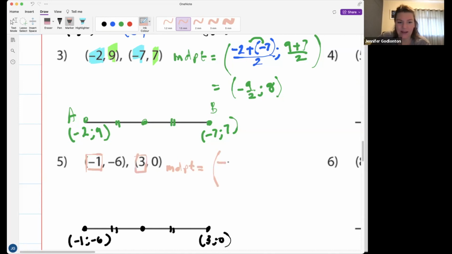So we're going to say -1 plus 3 over 2. And then we are going to look at our y values. So we're going to say -6 plus 0 over 2. And we get the glorious answer of 2 over 2, which is 1, and -6 over 2, which is -3. So those are my coordinates. You guys are smashing this. Good job.